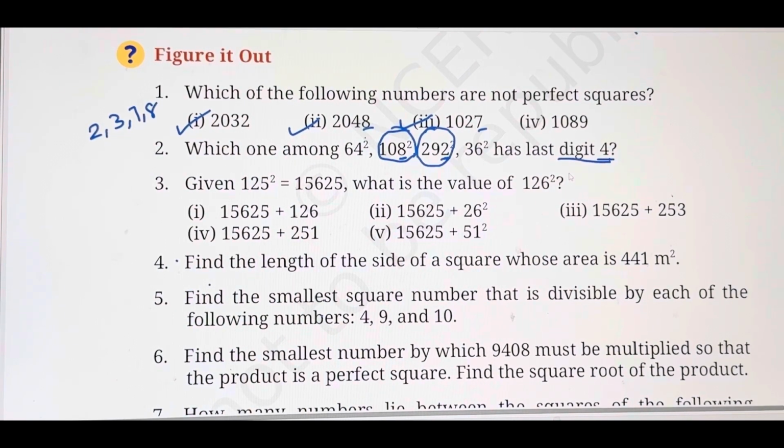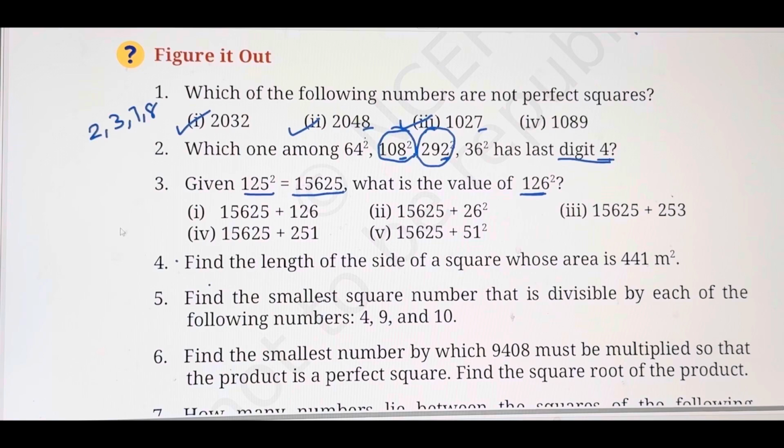Okay. Question number 3. What is given is 125 square is 15625. This is a fact which is given. What is the value of 126 square? Right. Now if you recall, we had learned that if one square is given, we can find out the next consecutive square without actually multiplying the two numbers, right?